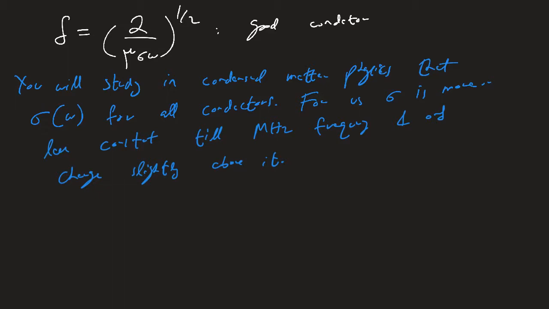So it's a material thing, and it's a topic for condensed matter physics. So for this course, you can imagine that it's more or less constant up to optical frequencies, which is of the order of nearly 10 to the power of 15 hertz.